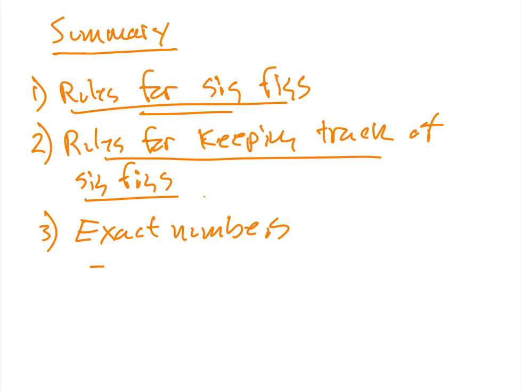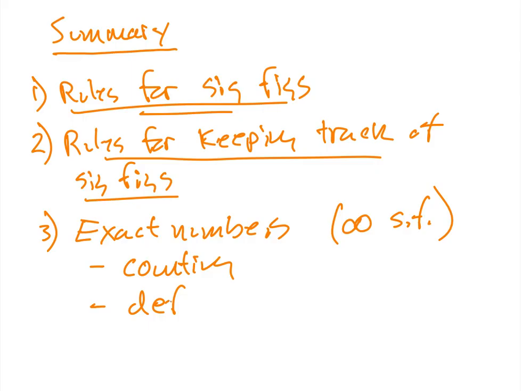We also saw that there are these so-called exact numbers that have effectively an infinite number of sig figs, and they show up in 3 ways. One could be counting. All right, so we used the example of counting eggs. So if you're counting discrete objects, you have an infinite number of sig figs. The other one was a defined quantity. So if you have a definition, and we used the example of 1 milliliter is 0.001 liters, right?